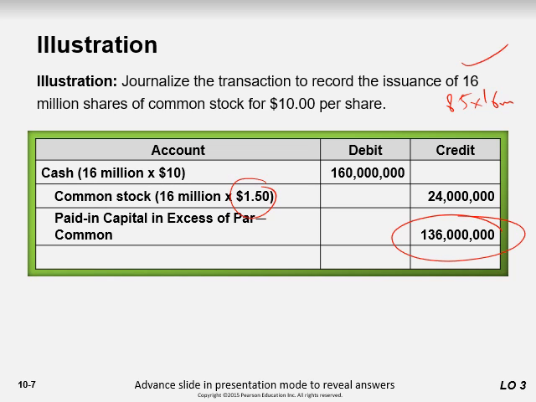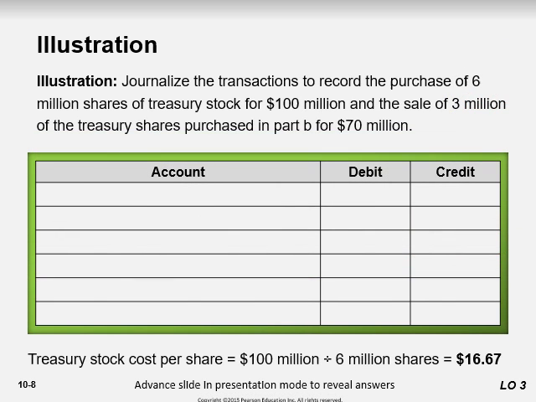So that is in excess of par. And now let's generalize the transaction of purchasing 6 million shares of treasury stock for 100 million and the sale of 3 million treasury stock for 70 million. So what is the entry?